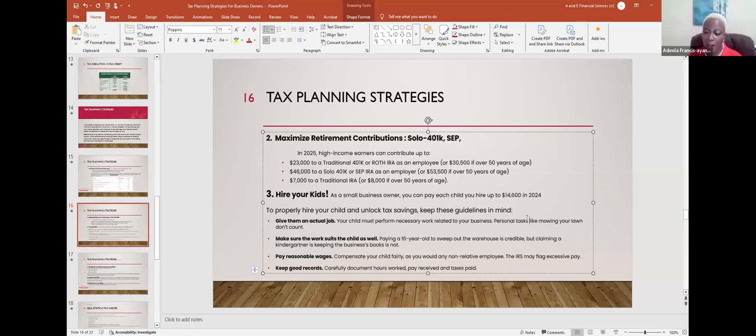As long as the amount you are paying your child is not higher than the standard deduction that the government set aside, your child does not have to file taxes on that amount, and this can save a significant amount by lowering your tax liability.